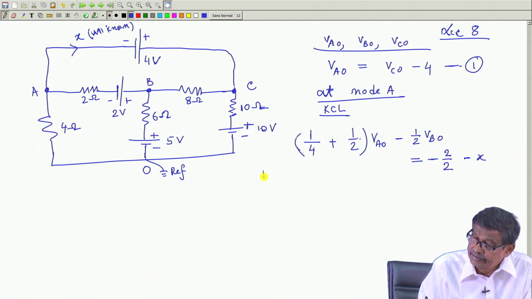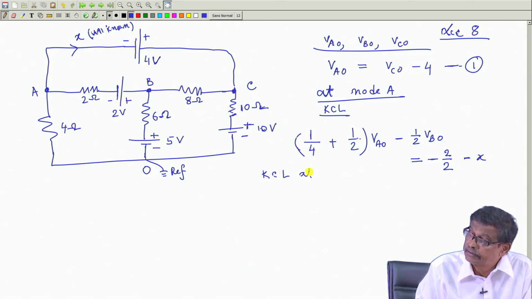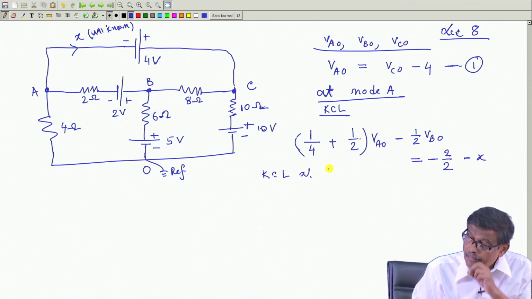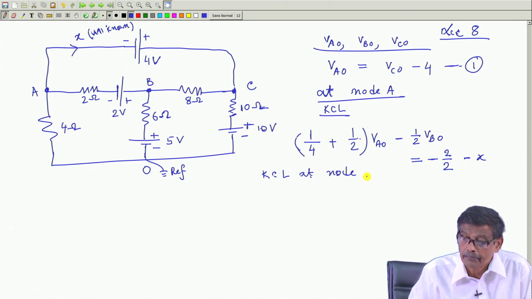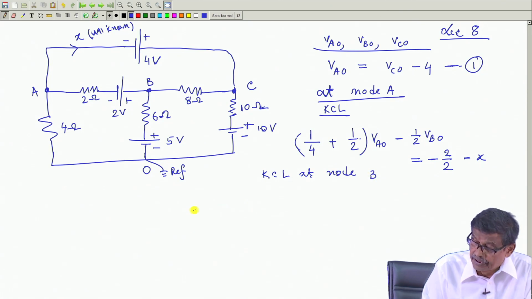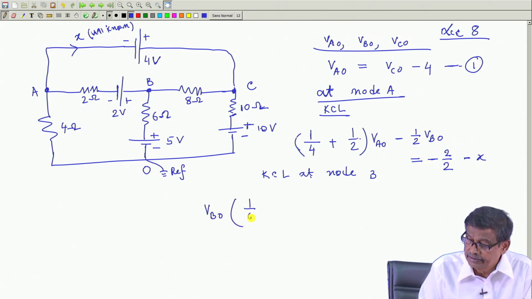Similarly, KCL at node B. Coefficient of VB0 will be 1 by 6 plus 1 by 8 plus 1 by half.